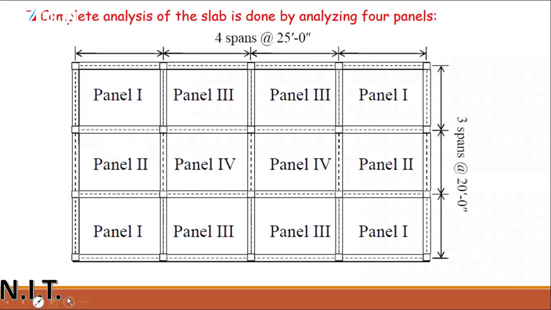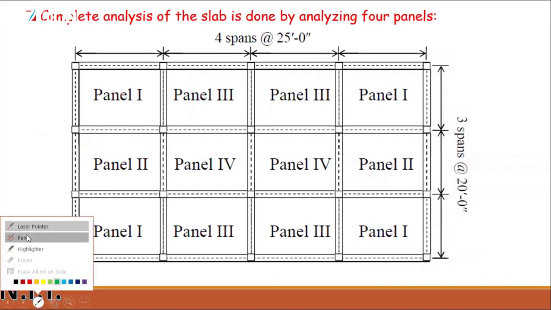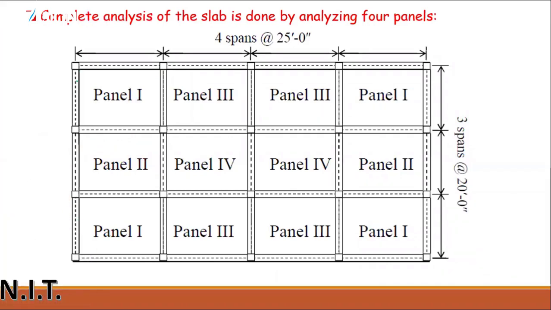So if I want to take the dimension from this dotted line to this line, this will be equal to what? This will be equal to (25 minus 14 divided by 12), which gives us the answer 23.83.